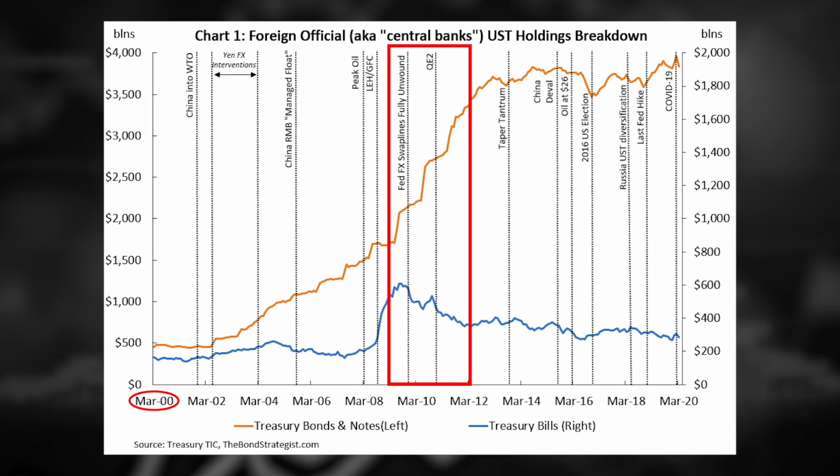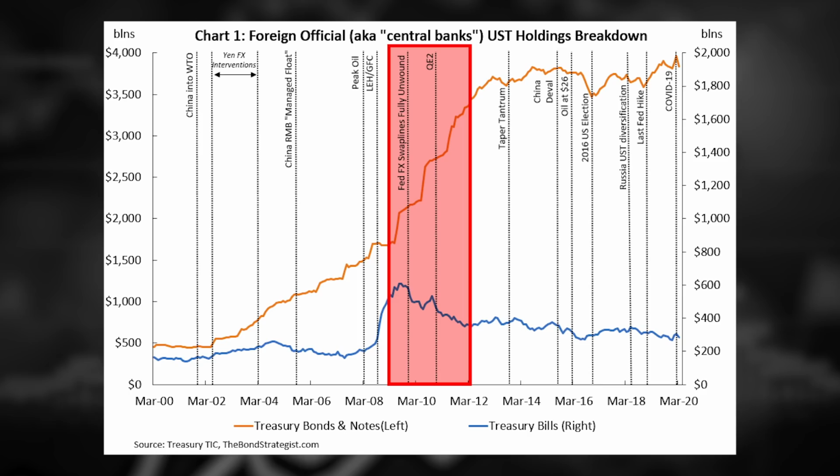It looks like we start with March of 2000. It goes to March of 2020. On the left, we go from 0 up to 4 trillion. On the right, we go from 0 to 2 trillion. And then you're highlighting this point between '09 and March of 2012.